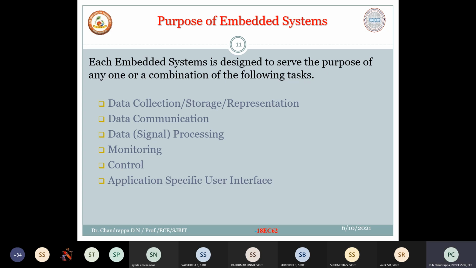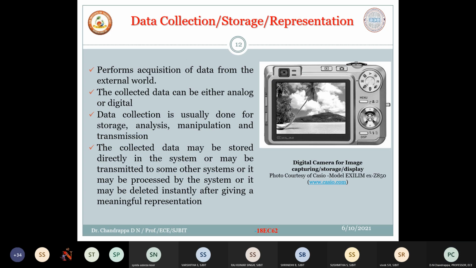Now I'll start with the first purpose, data collection, storage, modification, and representation. All these things happen in only one device. That device is called a digital camera.